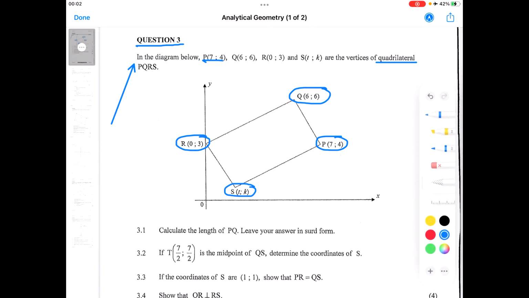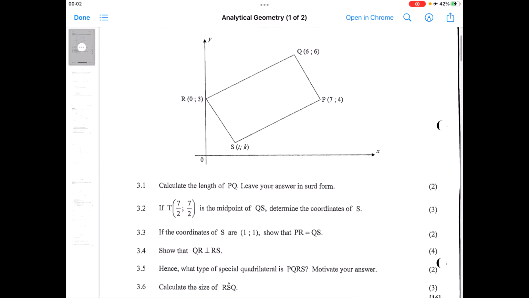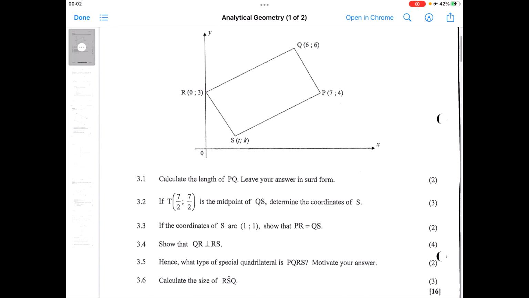I think I'm going to quickly assist you with those questions. So let me just scroll up. I think we've got enough information from that statement. We can just refer to that diagram. So this is a total of 16 marks. So let's see if we can possibly score all the marks under this question.